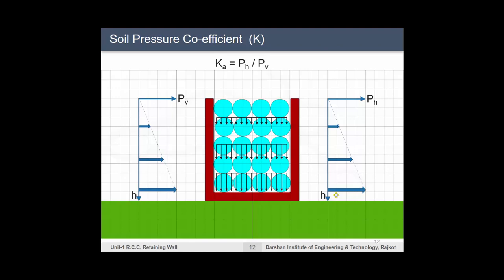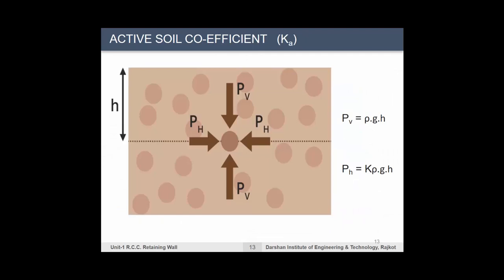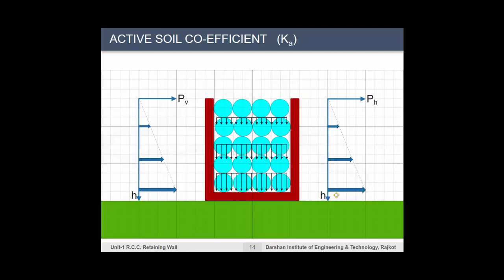Thus, for granular material, the vertical pressure at any depth is typically rho g h, while the horizontal pressure is K rho g h. Clearly, then, both the horizontal and the vertical pressure increase linearly with depth as shown in the graphs.